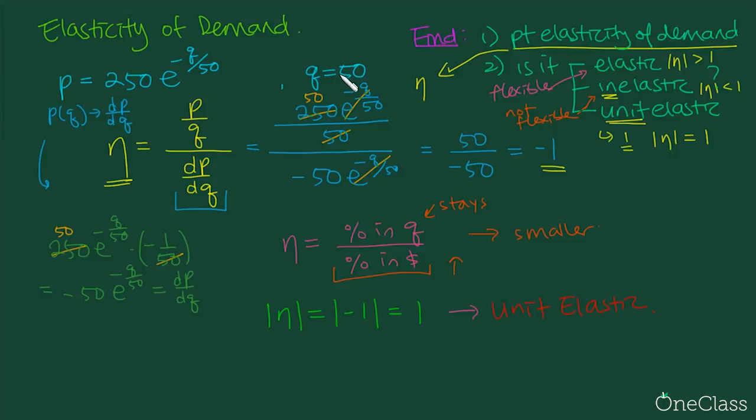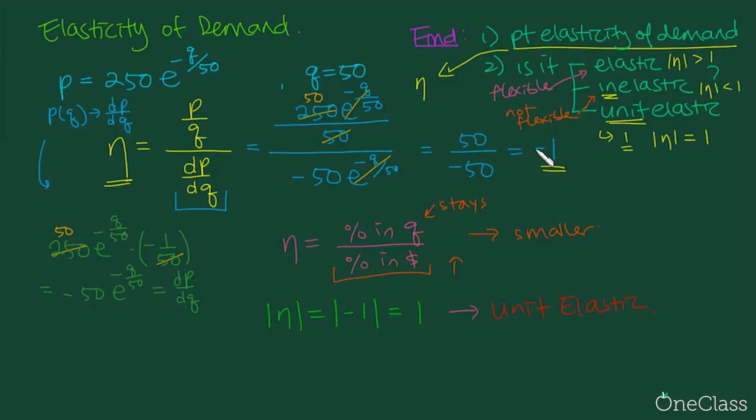So this is a typical example of a question you can be given, with the demand function for price and the quantity that it's interested in. Based on this, you need to find the point elasticity of demand first by substituting into the equation price over quantity times the derivative of the price function with respect to quantity, then simplifying and canceling, making sure you don't make a mistake. You will come up with a number which will fall into one of these three criteria.